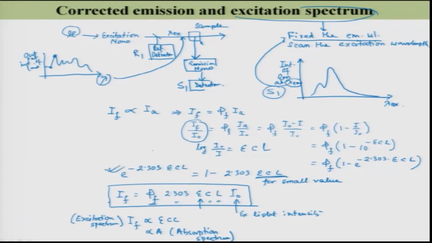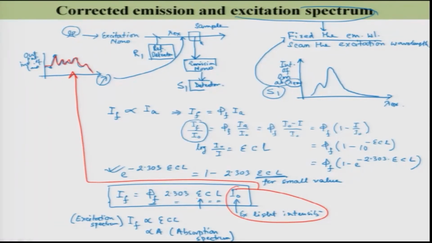Secondly, and this is most important, the excitation light intensity should be fixed over this wavelength range, but it is not. It is changing, it is like this, like this. So, the excitation light intensity I0 is changing.